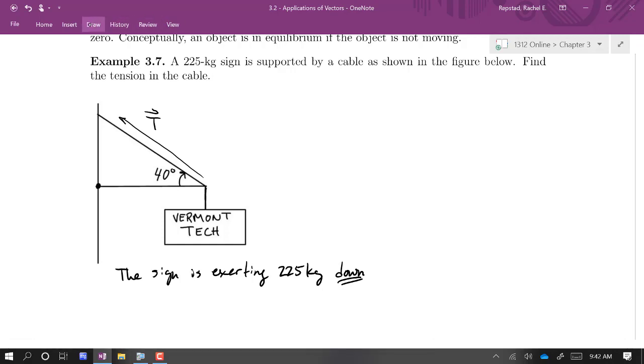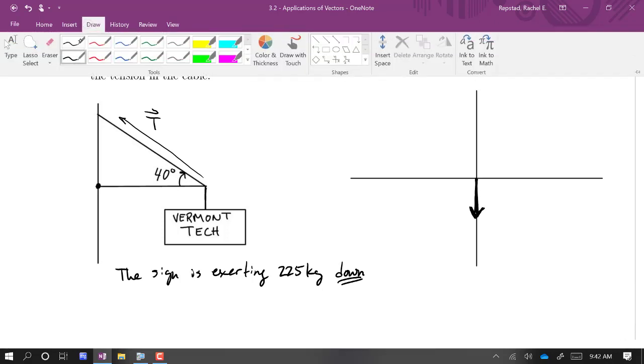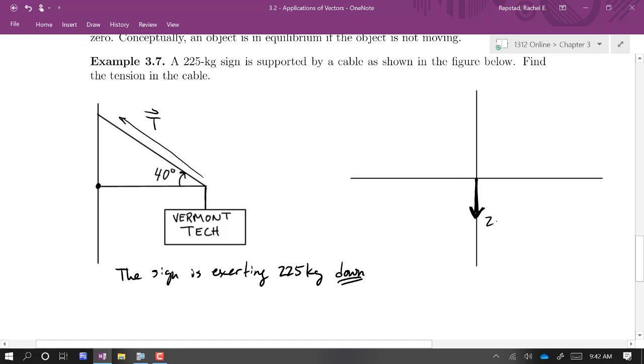So what I'm going to do first, I'm actually going to sketch out these vectors on the plane. So here's the sign. That is 225 kilograms, straight down. Here's the tension.